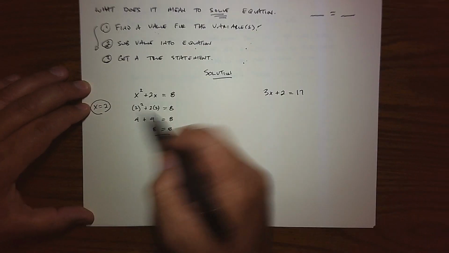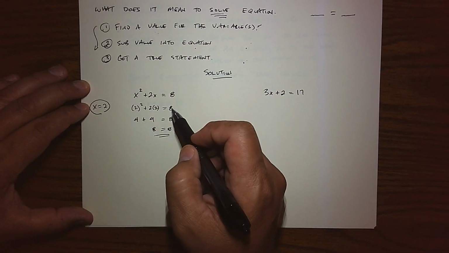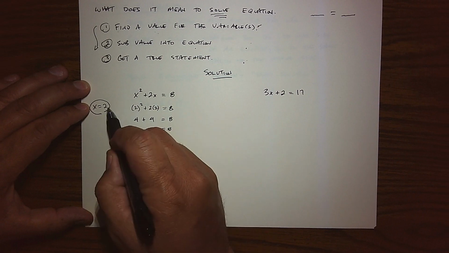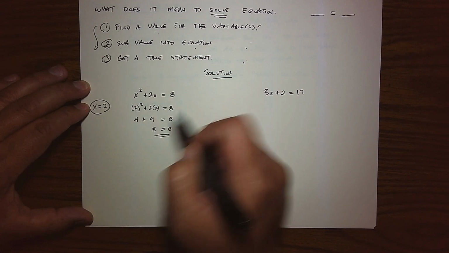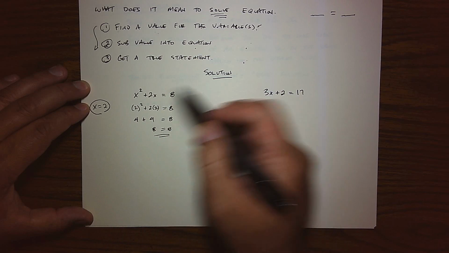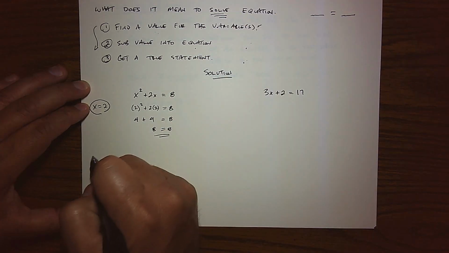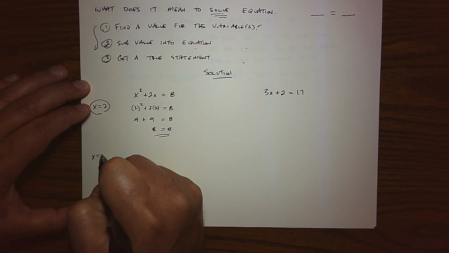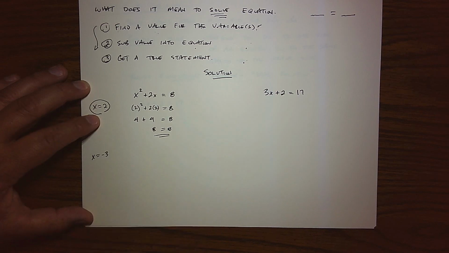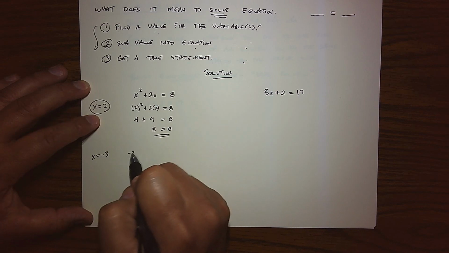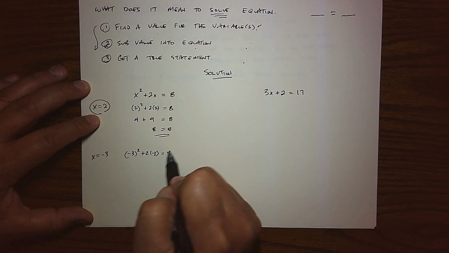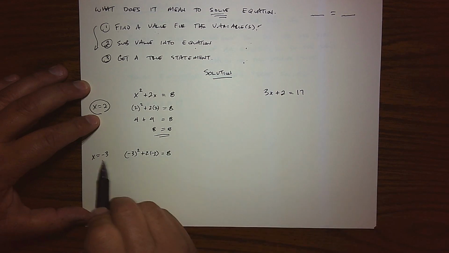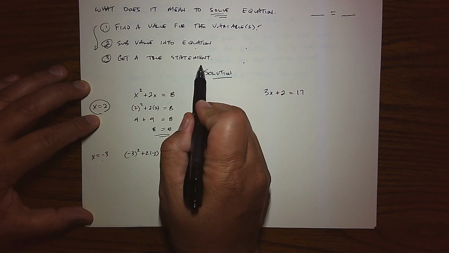The problem with guessing like I did is we never really know when we're done. The question now is, is this the only solution? Are there more solutions? And that's why we use algebra to answer that question. But just to demonstrate this again, let's say we ended up using something like -3. Let me throw some negatives out there. If I plug -3 in there, I found a value, I plugged it in, let's see if we get a true statement.